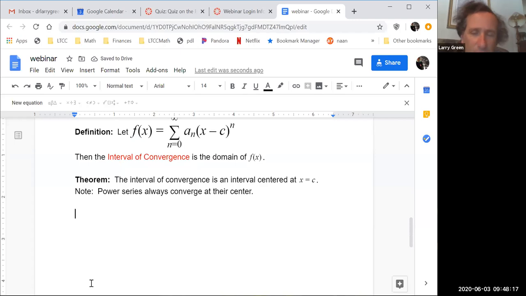All right, so why is the theorem true? That's the next question: why is it always an interval? The idea is what we have to show is that if it converges at a value away from the center, then it converges at every value closer to the center. Does that make sense?